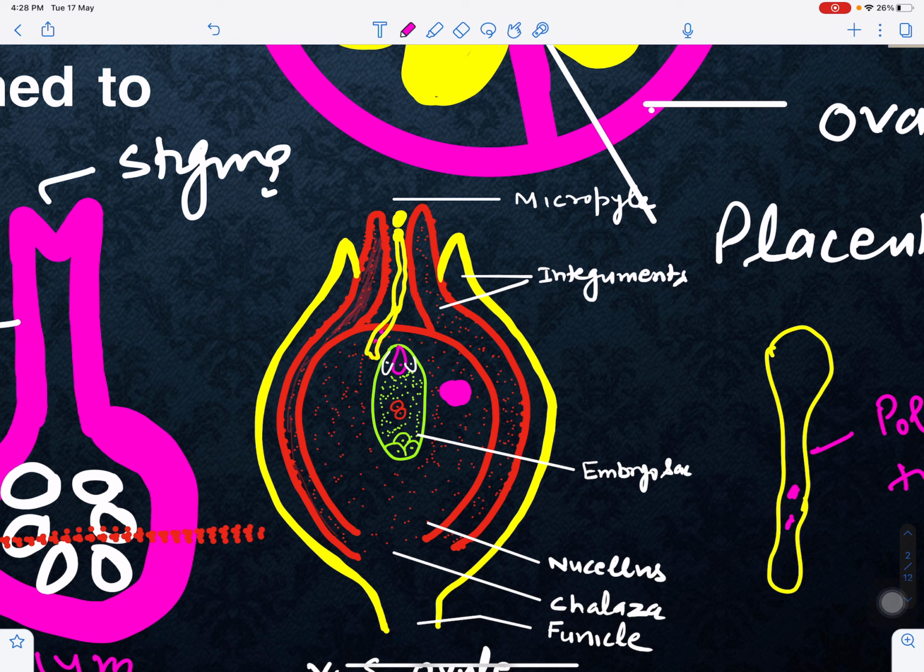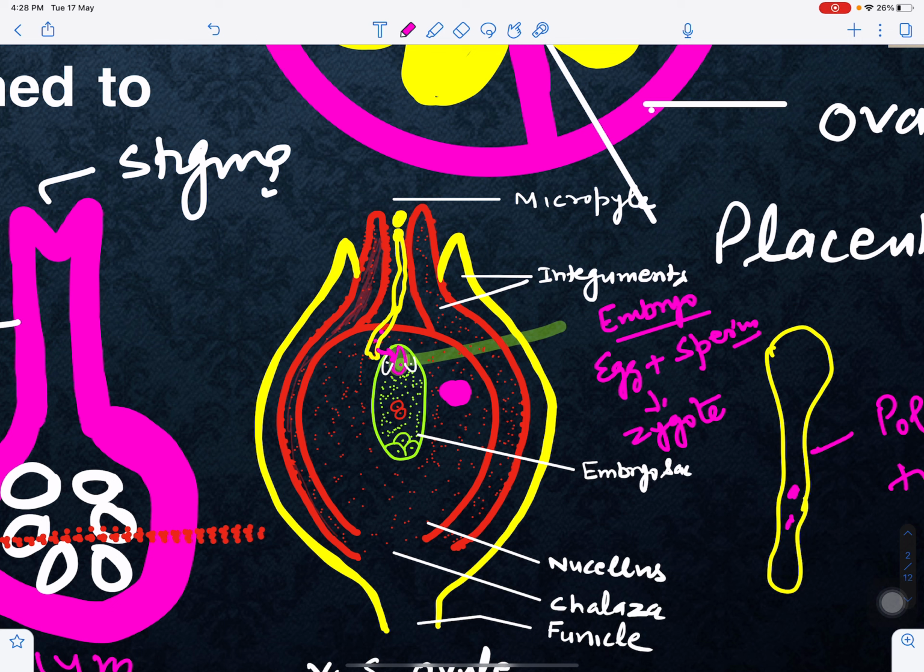And out of these two male gametes, one will fuse with the egg cell. Egg plus sperm, or we can say male gamete, they fuse to form a diploid structure called as zygote. So zygote will be produced over here at this part. This zygote will develop into embryo.